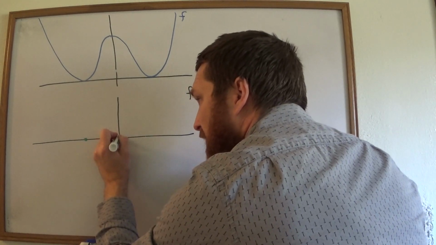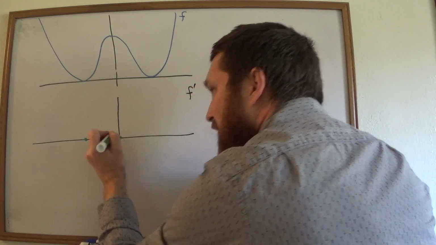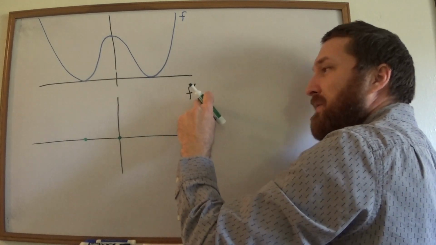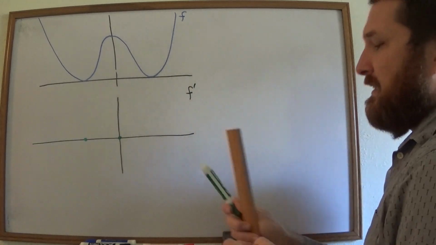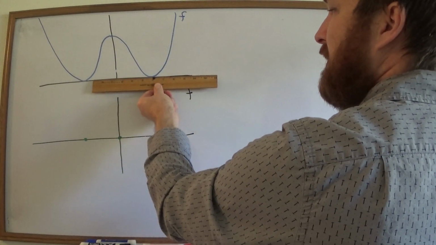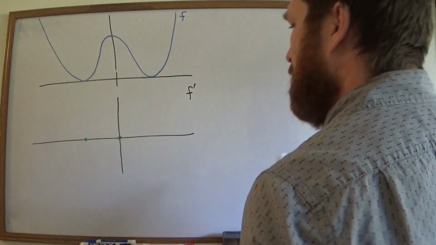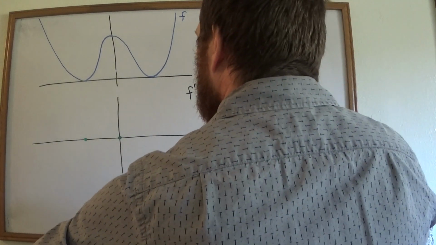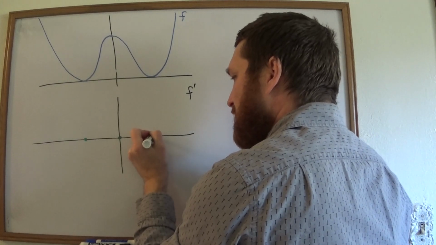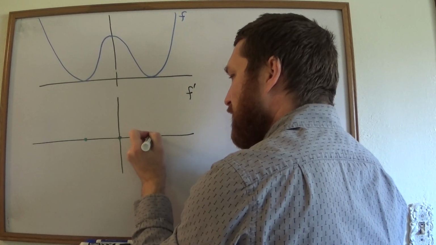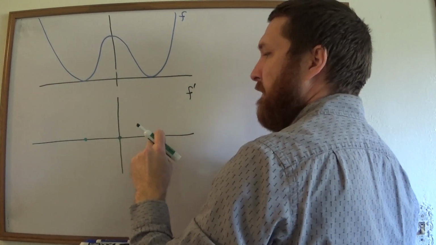The value of its slope is 0, so the output value of this is equal to 0. And ditto again right here. I'm going to go just below it and say, okay, the slope of f is 0 here, and so the value of its derivative must be 0 there.